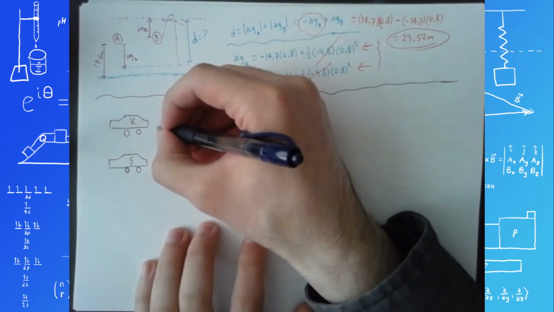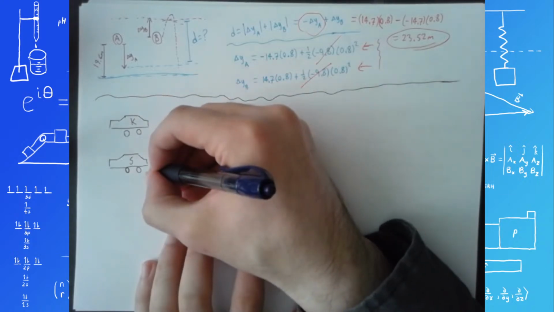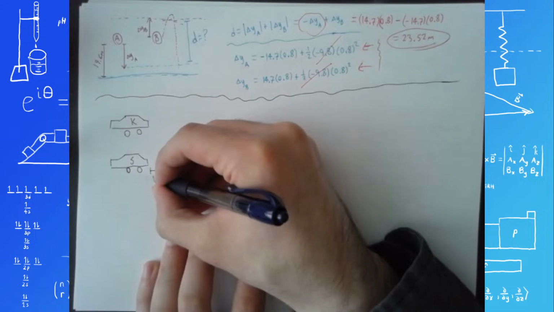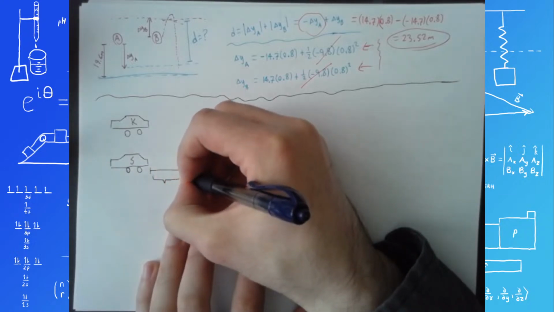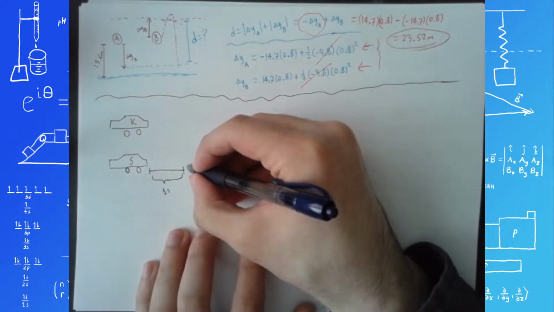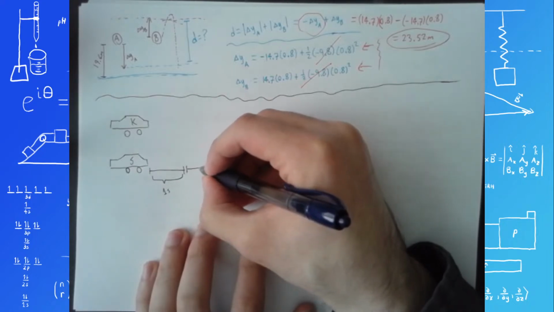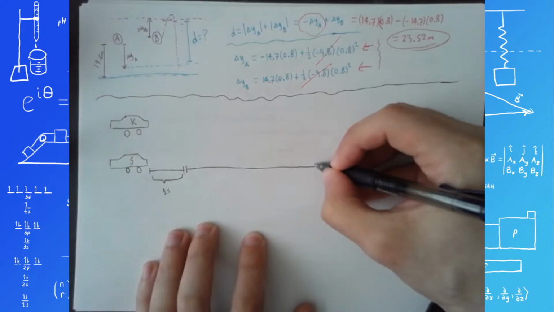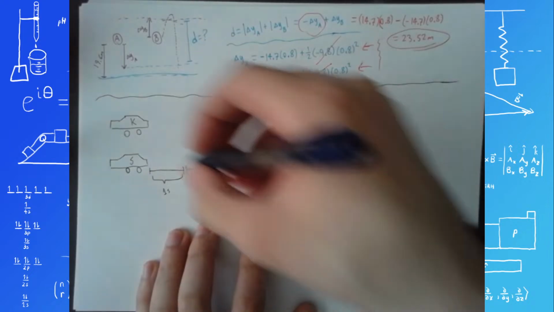So Stan gets a head start for 1 second. And then from that point on, it's smooth sailing until the point where Kathy catches up to him.